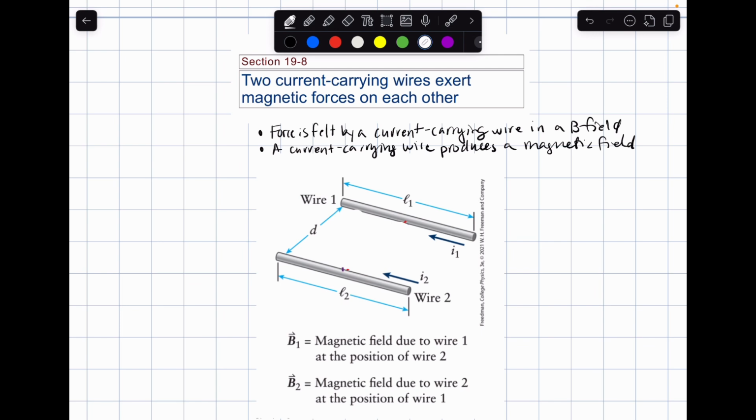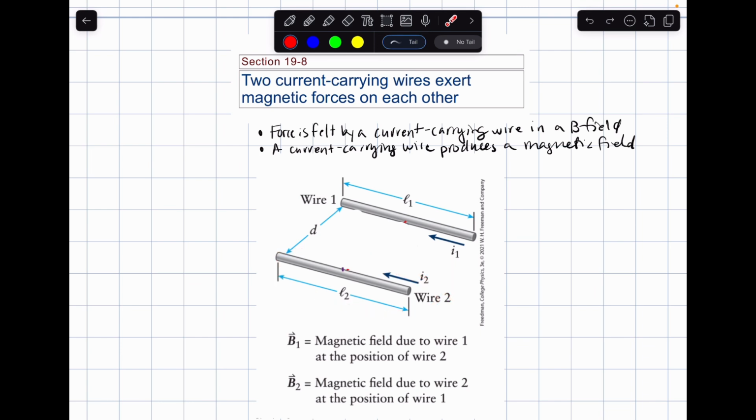All right, so let's say we're starting off here with two wires, and their currents are moving in the same direction. So let's say we want to find the force on the second wire. What is the second wire feeling?